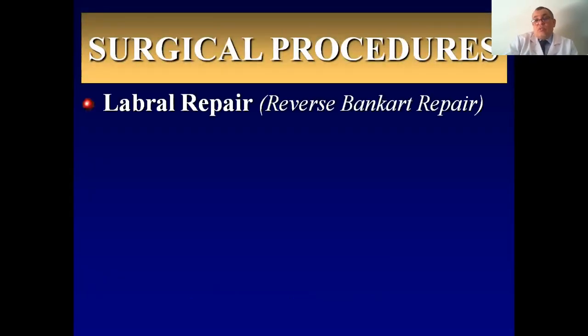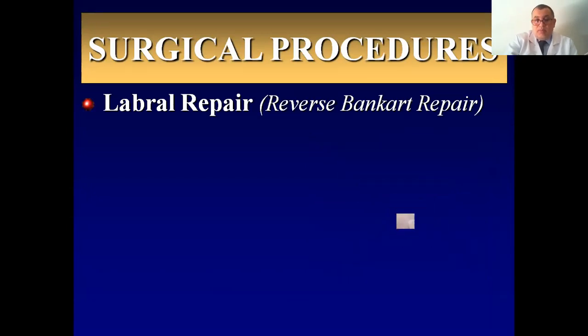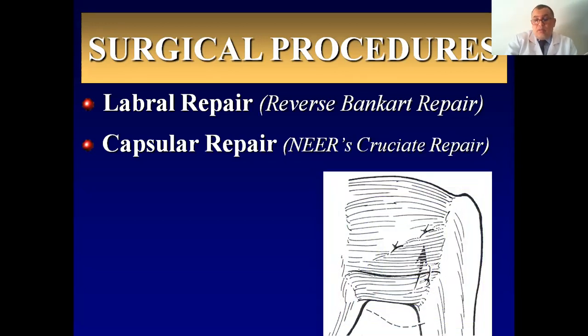Surgical procedures to treat recurrent posterior shoulder dislocation include posterior labral repair, what's known as the reverse Bankart repair. It's the same procedure as that used for anterior Bankart repair. Or capsular repair, which is a posterior inferior capsular shift described by Neer.